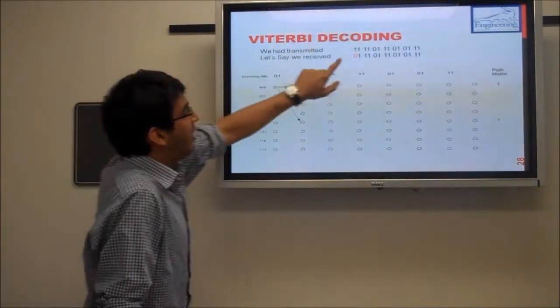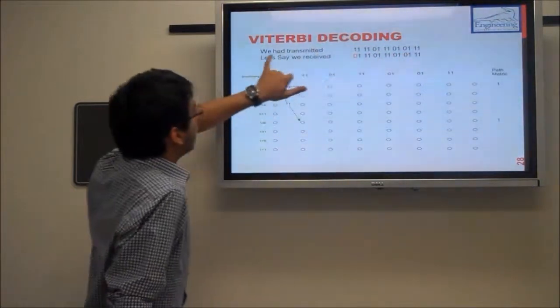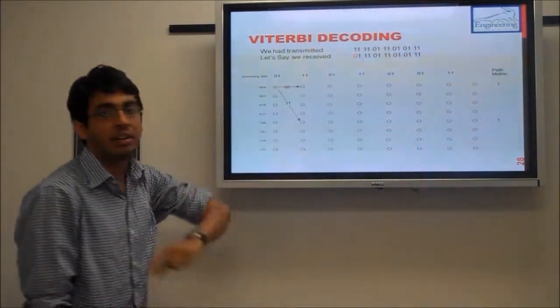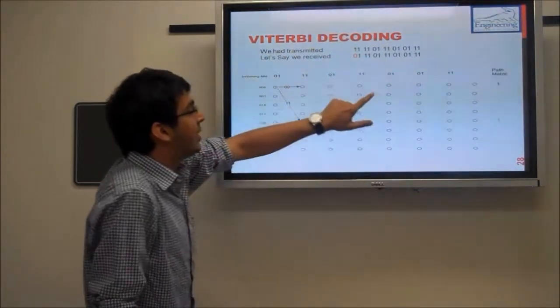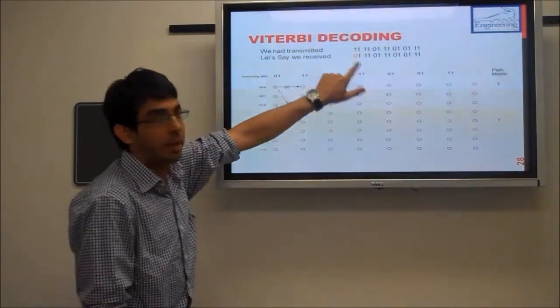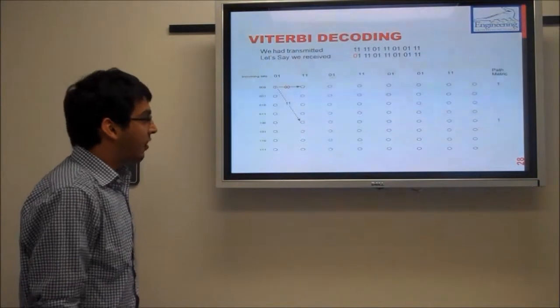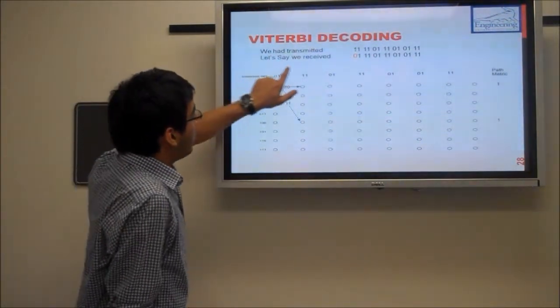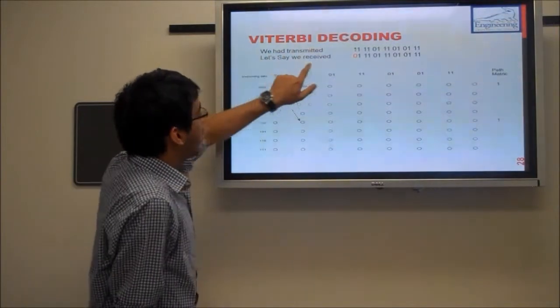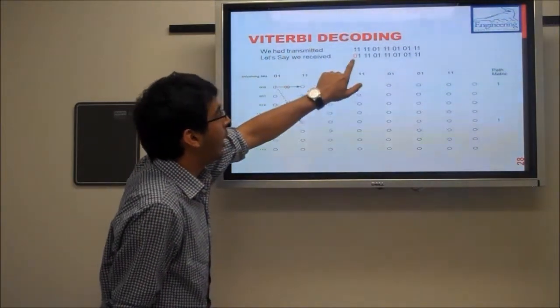We saw that we had transmitted this data stream when we did the trellis encoding. Now let's say that we received a data stream which looks something like this, where we have the error right at the first bit. Okay, so the way this Viterbi decoding algorithm works is, you see that your input that you received is a 0 1, right?